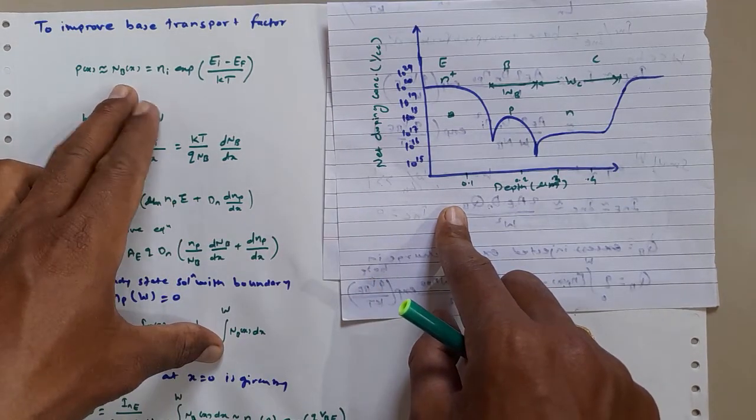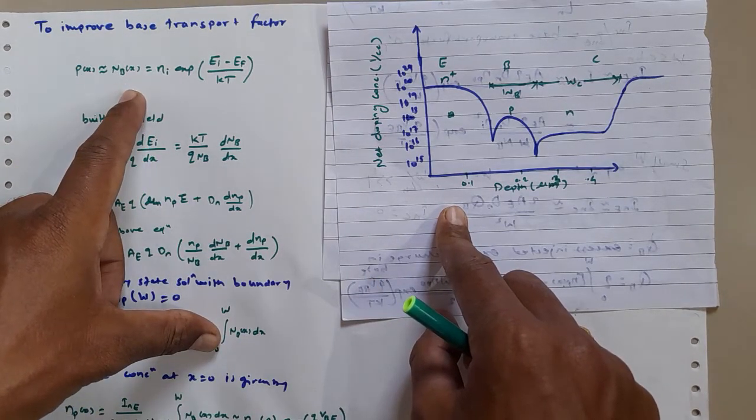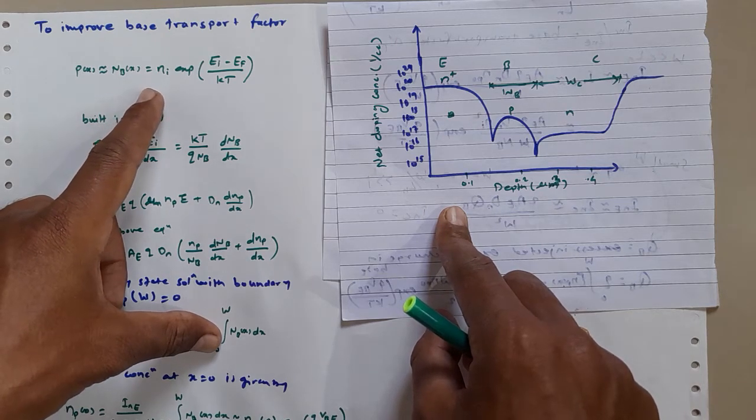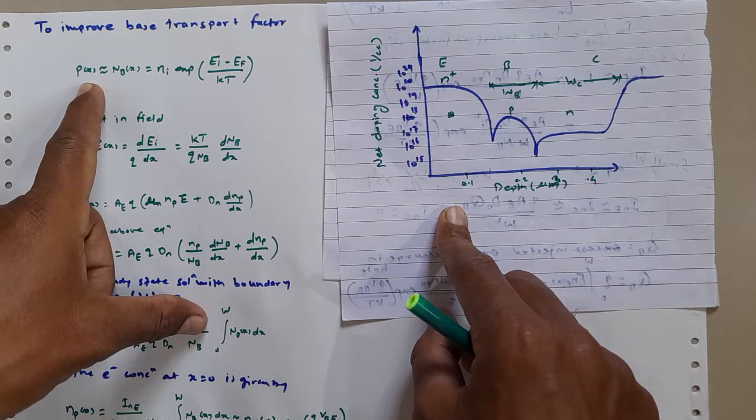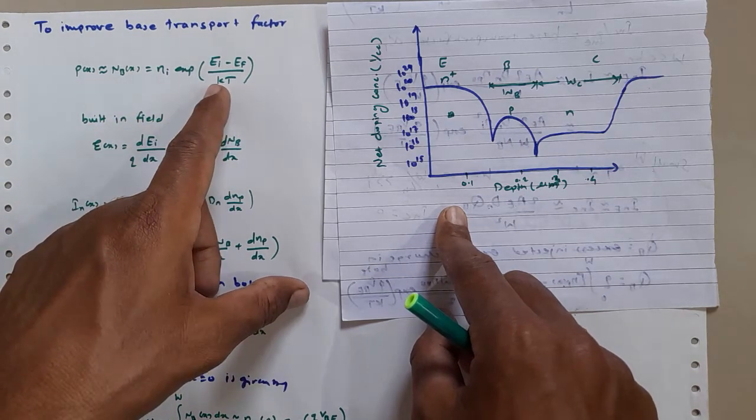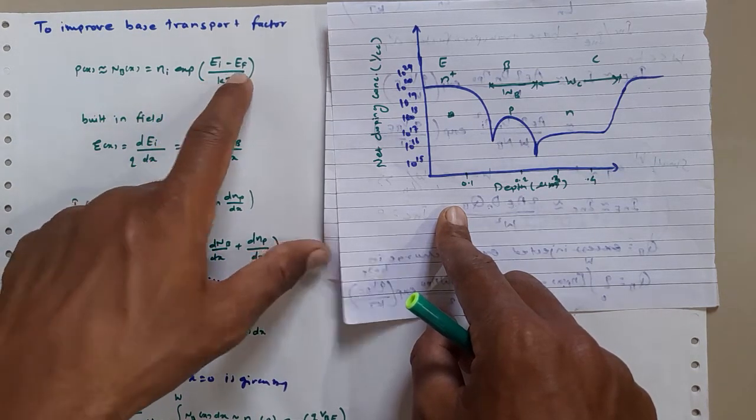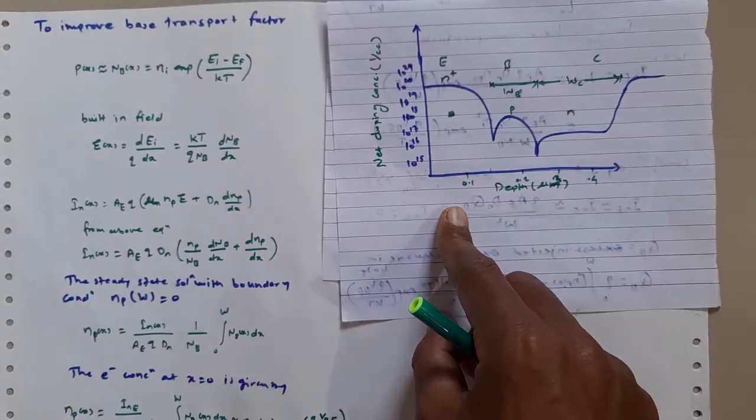So the base density is represented by nb of x, and the hole density in the base, p of x, is related to the Fermi energy level by the given equation.